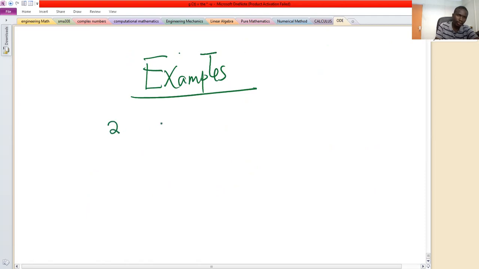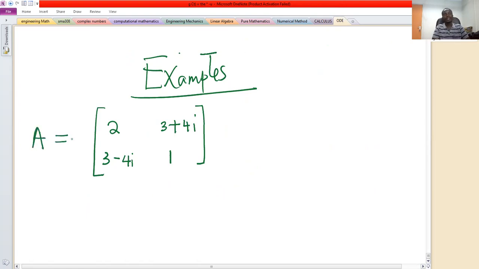So let's give some examples of Hermitian matrices. If we have 2, 3 plus 4i, then 3 minus 4i, and then 1, this is a Hermitian matrix because all the elements along the main diagonal are real numbers, and aij is the same as the conjugate of aji.